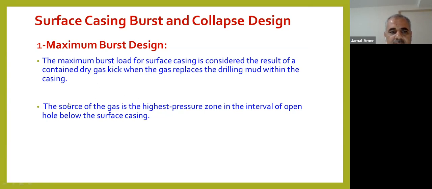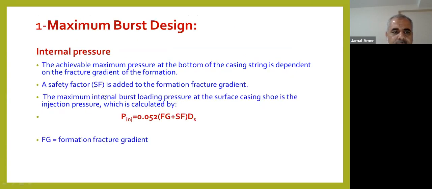Maximum burst design: the source of the gas in the highest pressure zone is from the open hole formation below the casing.